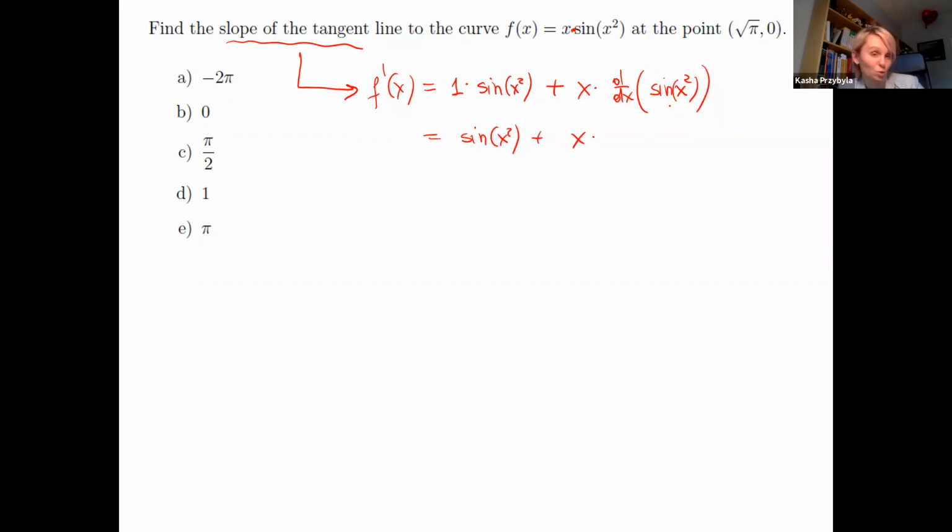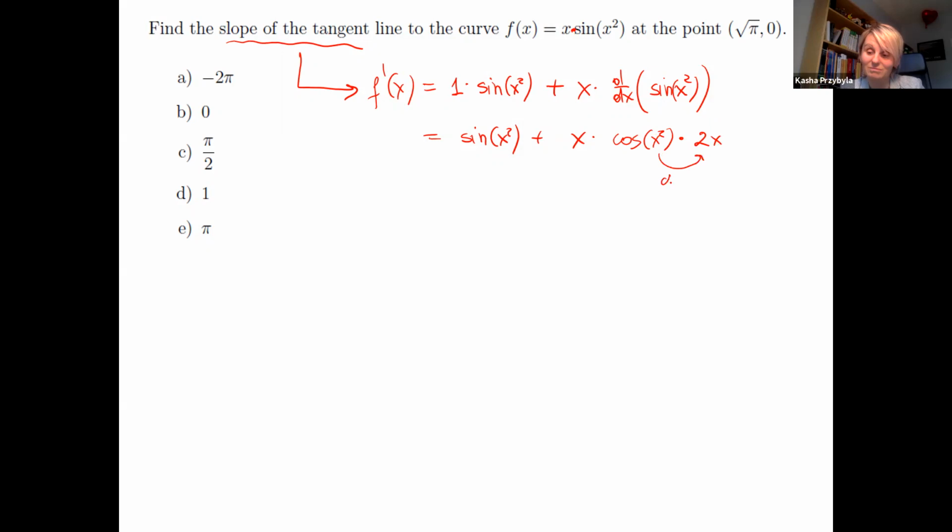And now, who can tell me the derivative of sine of x squared, sine of u? Here we will add the chain rule. What's the derivative of the sine function? We will have cosine of the same angle times 2x.